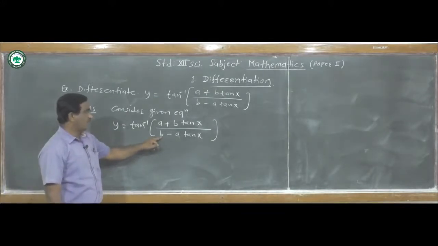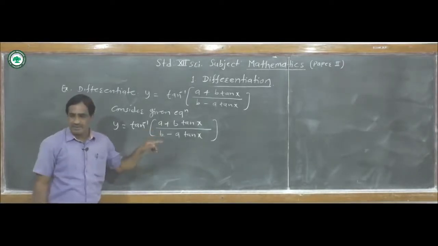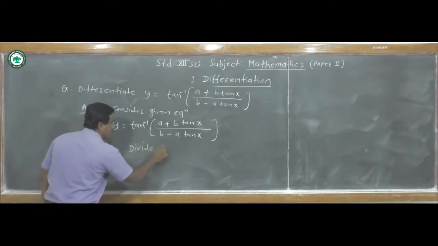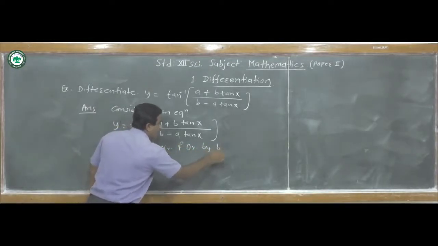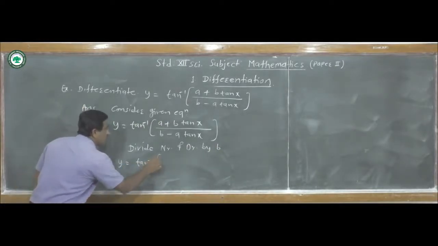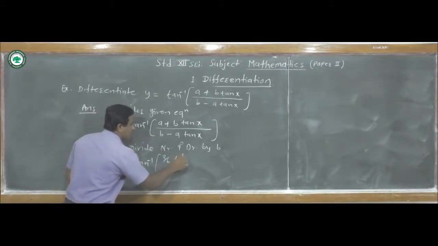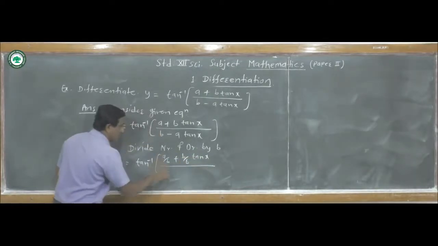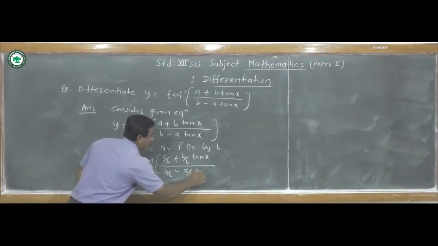Therefore divide numerator and denominator by b. Therefore y is equal to tan inverse of a upon b plus b upon b into tan x upon b minus a upon b into tan x.